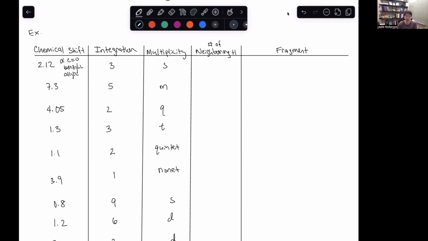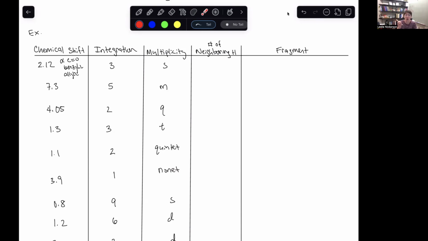My integration is 3. So as soon as I see an integration of 3, I'm immediately going to go to, it's probably a CH3. And this is when we really need to be careful about looking for horses and not zebras, right? There are situations that are fairly few and far between where a 3 is not a 3, it's not a methyl, but it's actually a 2 and a 1 that are overlapping in some horrific way.